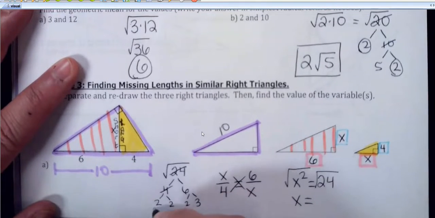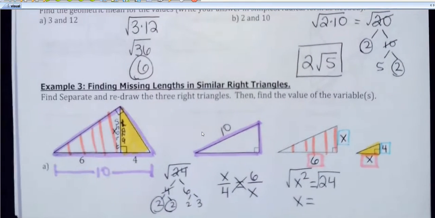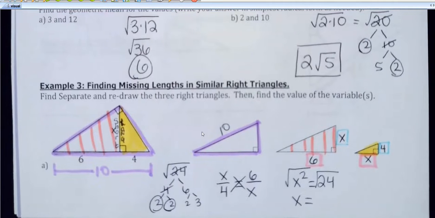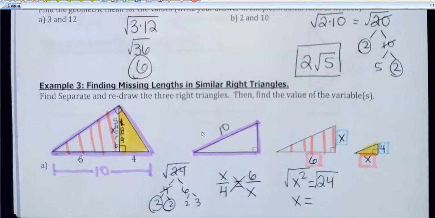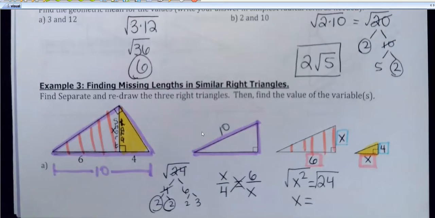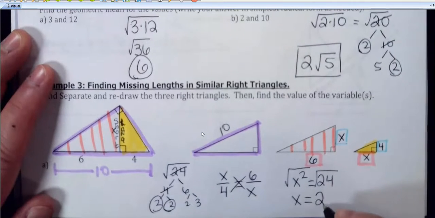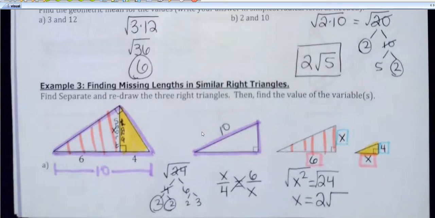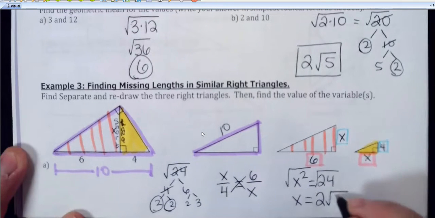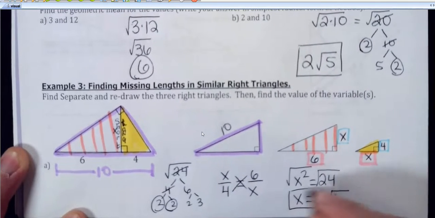I do have a pair of 2's here, but when I broke the 6 down, that did not result in another pair. So I'm going to have a 2 out in front. What would you have left underneath the radical? The 6, yes. If these don't have a pair, you just put them back together, so it's just multiplication. So this will be 2 root 6.